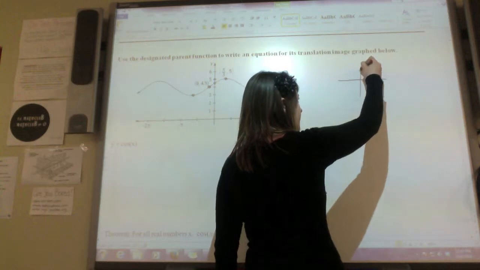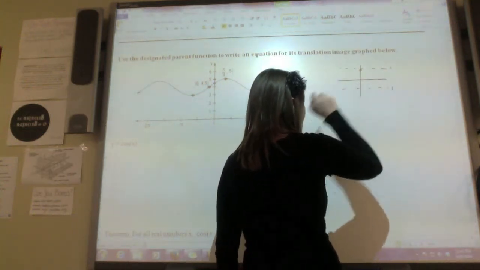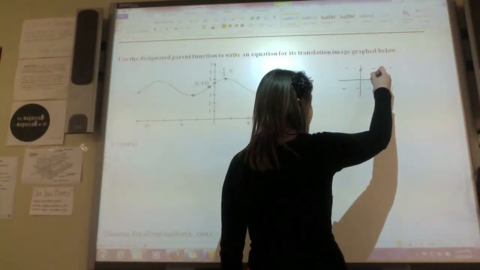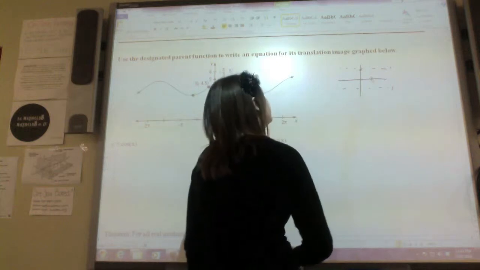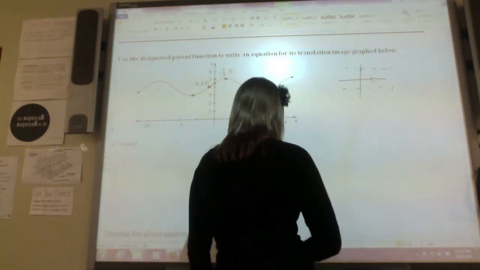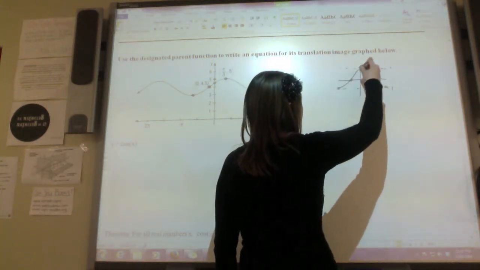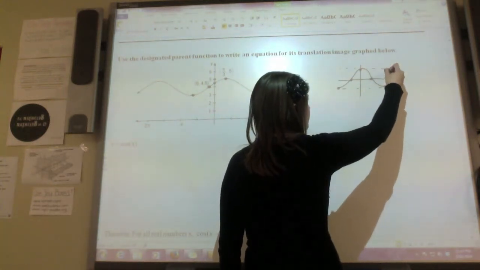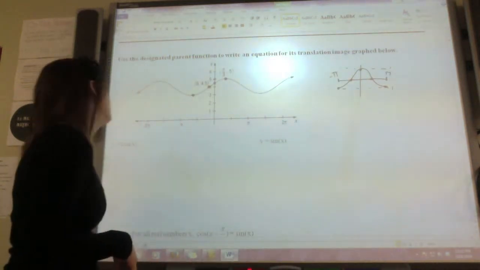Normally my cosine function goes from negative 1 to 1, going through the middle, and it takes me 2 pi to get back to where I started. So your cosine function would look something like this, where this is pi and this is negative pi. So that's your parent function.